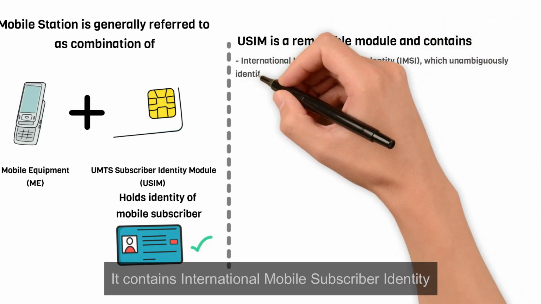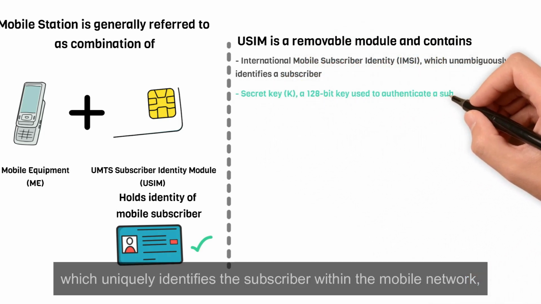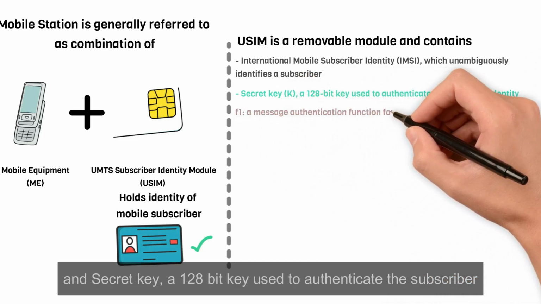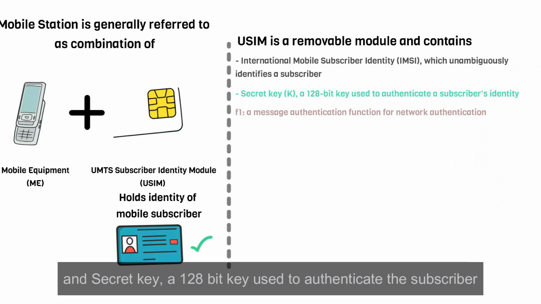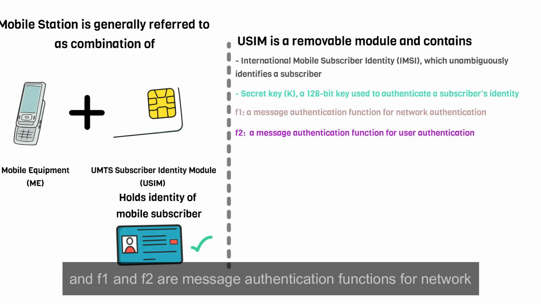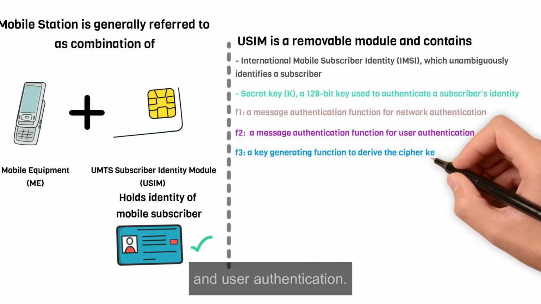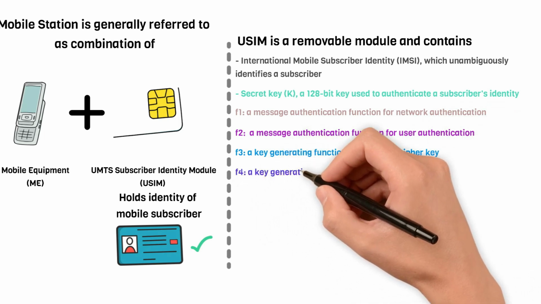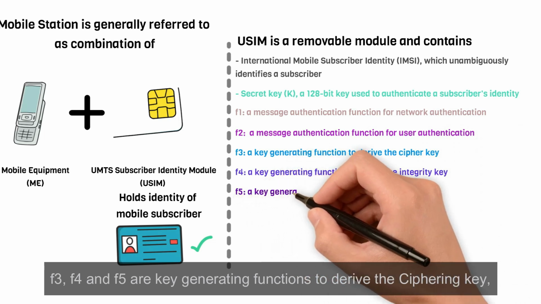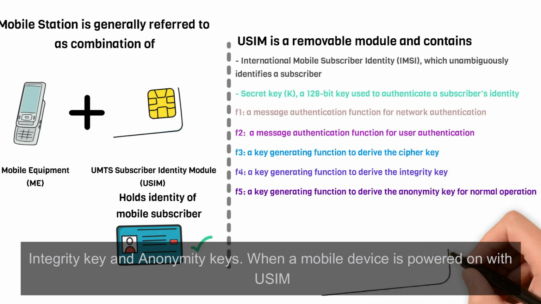It contains the International Mobile Subscriber Identity, which uniquely identifies the subscriber within the mobile network, and a secret key, a 128-bit key used to authenticate the subscriber, and F1 and F2, which are message authentication functions for network and user authentication. F3, F4 and F5 are key generating functions to derive the ciphering key, integrity key and anonymity key.